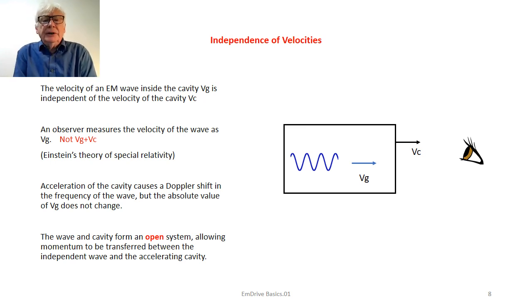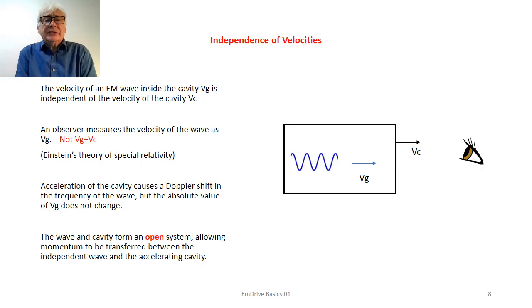If the electromagnetic wave is propagated inside a waveguide, or indeed inside a cavity, then we've said that the velocity decreases to Vg, but that Vg is constant and is independent of the velocity of the waveguide itself.